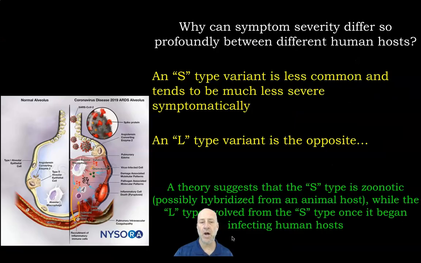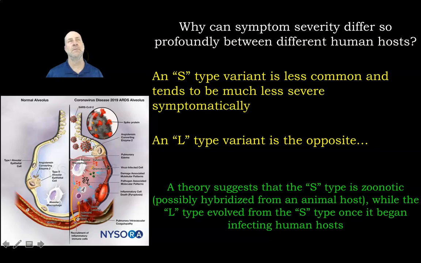And then when this first started, it was very confusing because some people were just cruising through it. Oh yeah, I got COVID-19. I felt bad for a couple of days. Now I feel good. Other people were just wrecked by it. And so why can it be so symptomatic? And we're going back, a little revisionist history, is now realizing that there were 2 variants, an S and an L. The S was the less common, but very mild and very unaggressive, not very virulent.